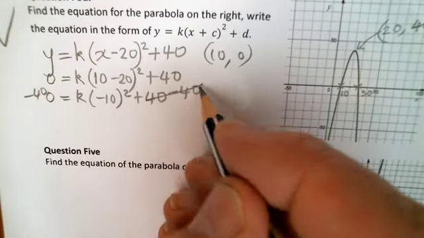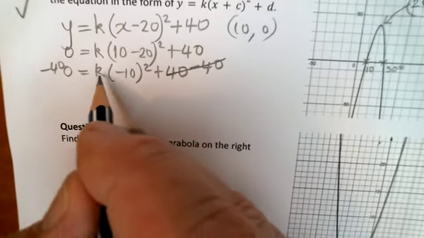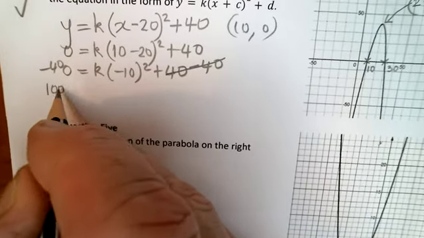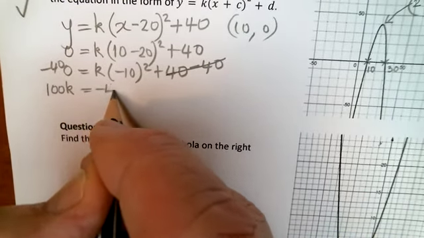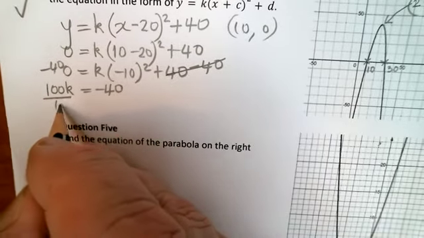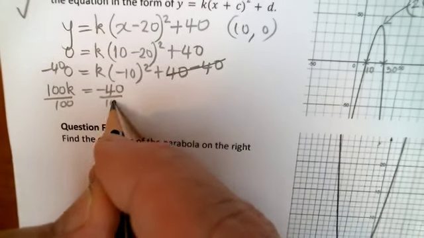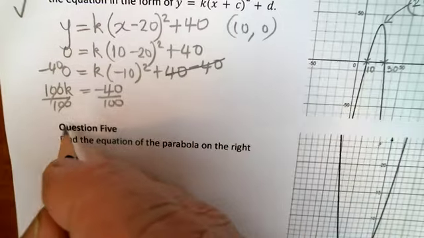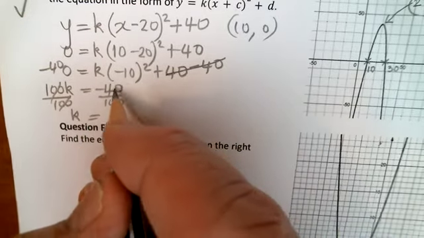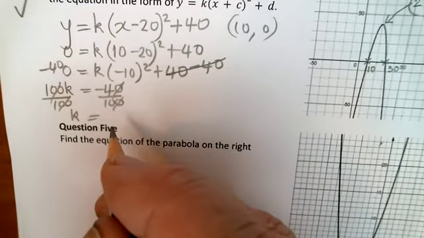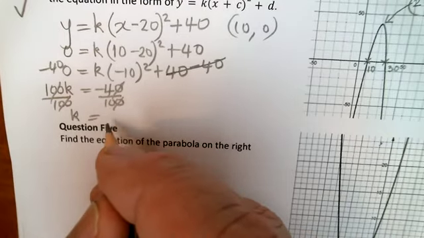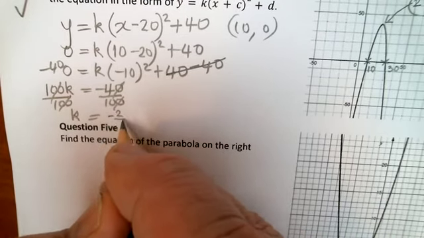I'm sorry, dog. So this is going to be 100a is equal to negative 40. We're going to divide both sides by 100, and a is going to equal negative 40/100. So a is equal to negative 4/10, or negative 2/5.